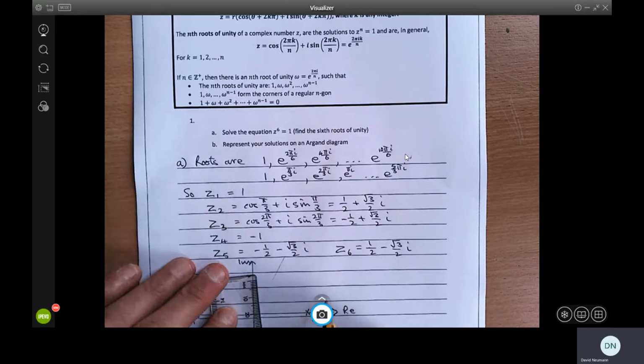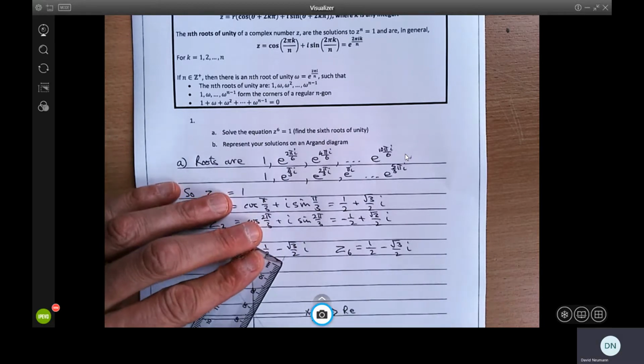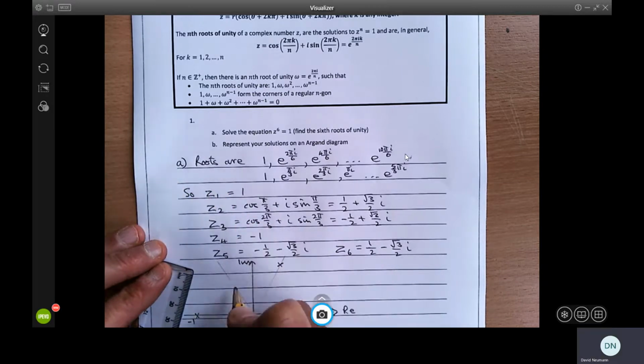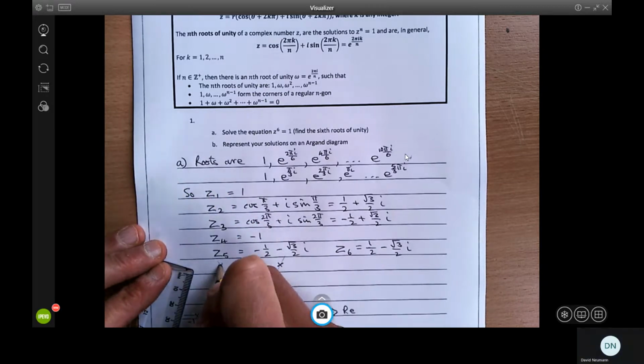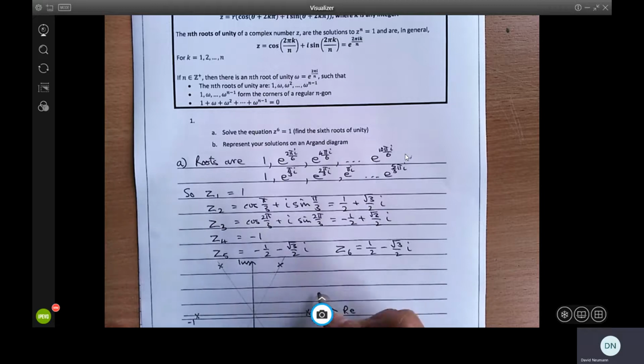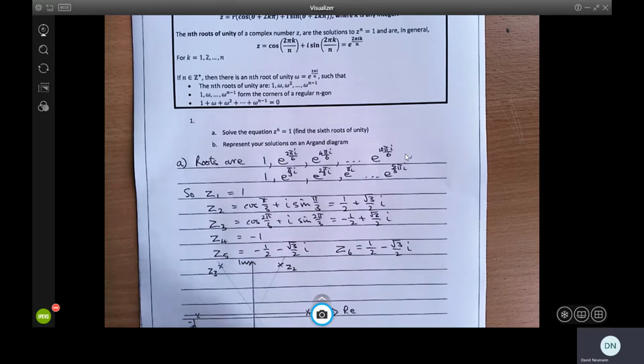And then it needs to be the same distance away. Let's just check. So there, round about there, and around about there. So this would be Z1, Z2, Z3, this is Z4, Z5, and Z6.